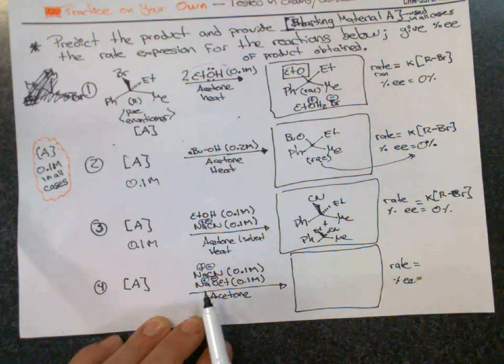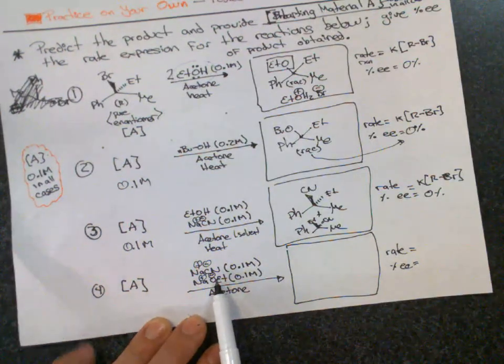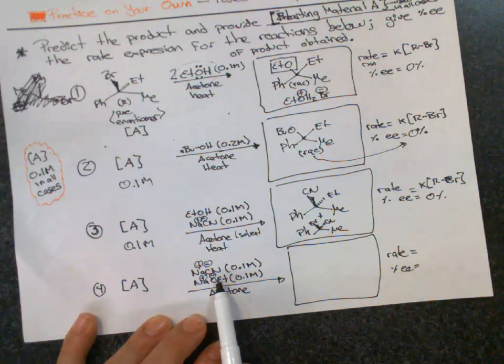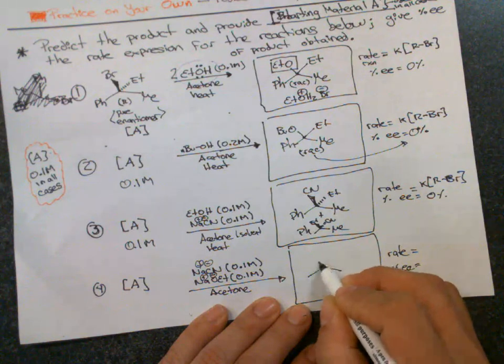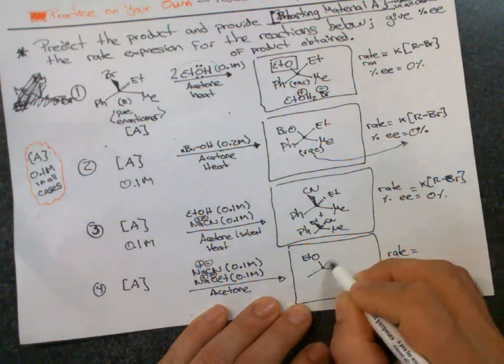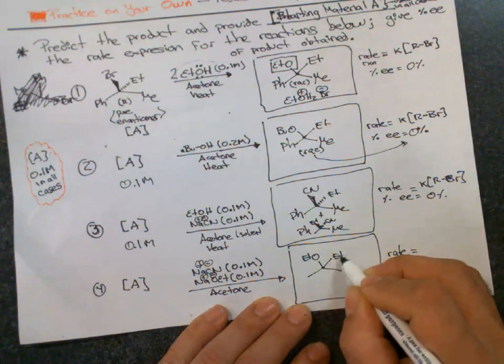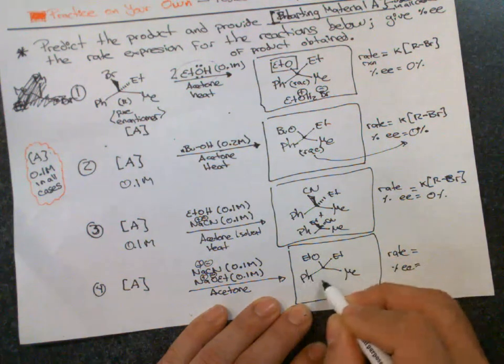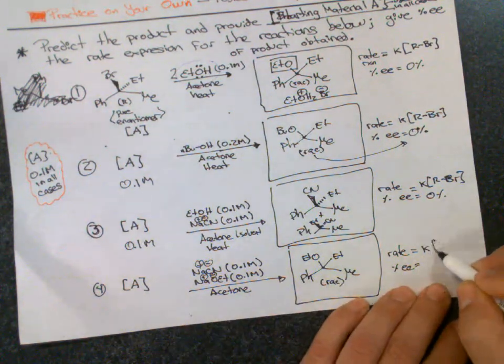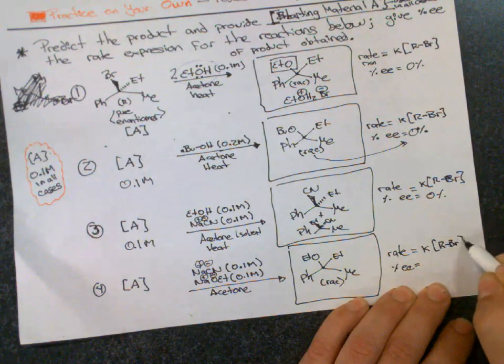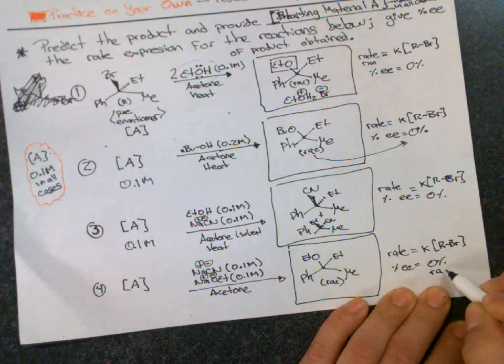In other words, cyanide is a weaker base than ethoxide, correct? And so in this case, now we go back, and ethoxide wins as the nucleophilic species. Rate, rate constant times the concentration of your alkyl bromide, 0% EE, racemization occurred.